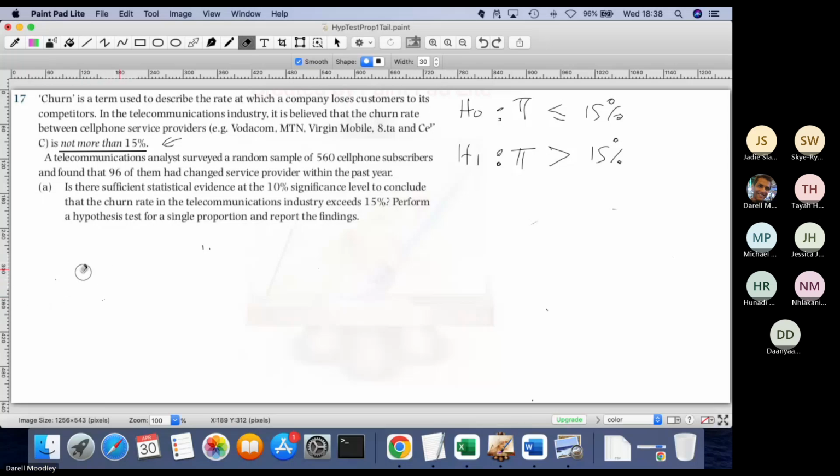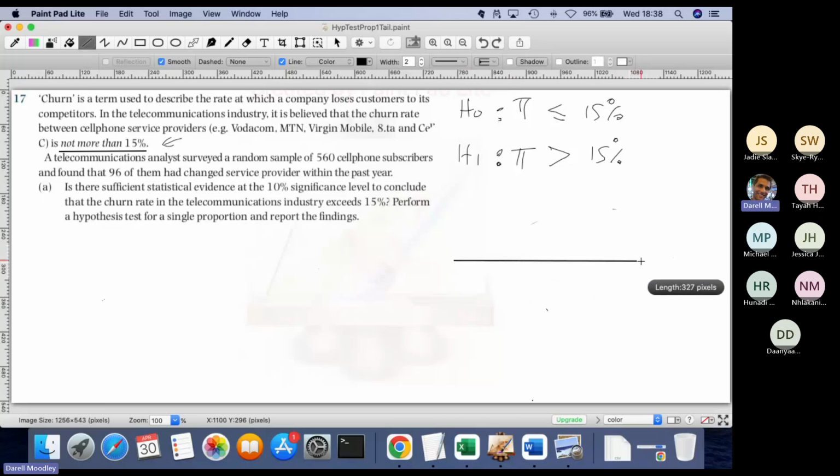I mentioned earlier to use H1 and treat it as an arrowhead to point where the rejection region is. So is it an upper tail test? That means, is the rejection region on the right or on the left? I'll draw the curve.